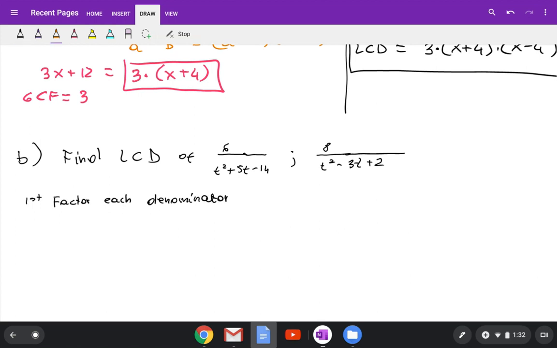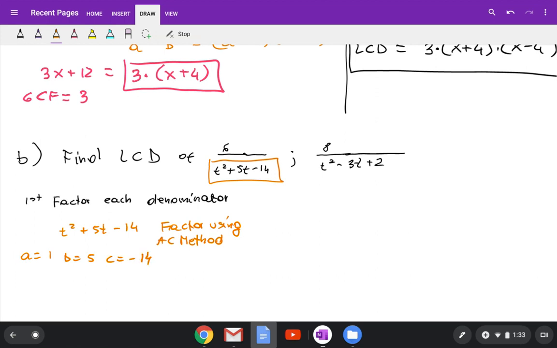So let's work with the first one, our quadratic denominator, t squared plus 5t minus 14. We're going to factor this using the AC method. A is equal to 1, B is equal to 5, C is equal to negative 14. This is an easy case since A is equal to 1.